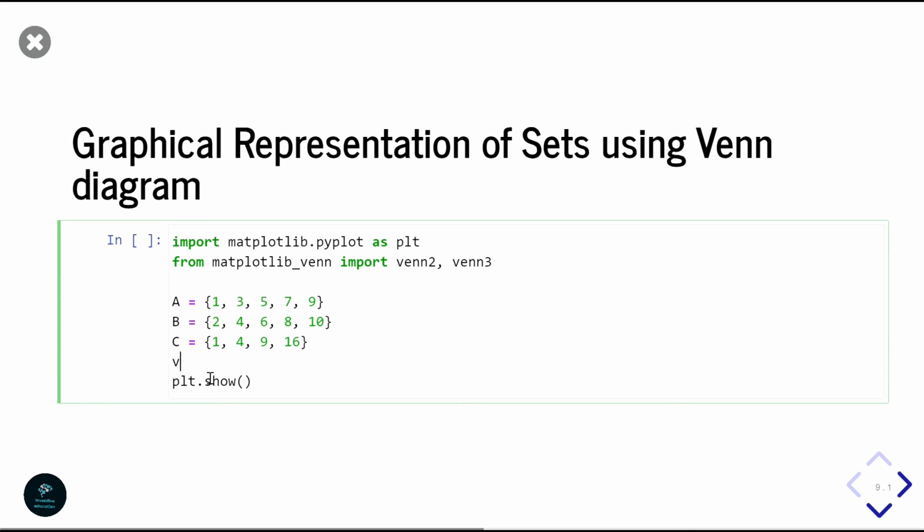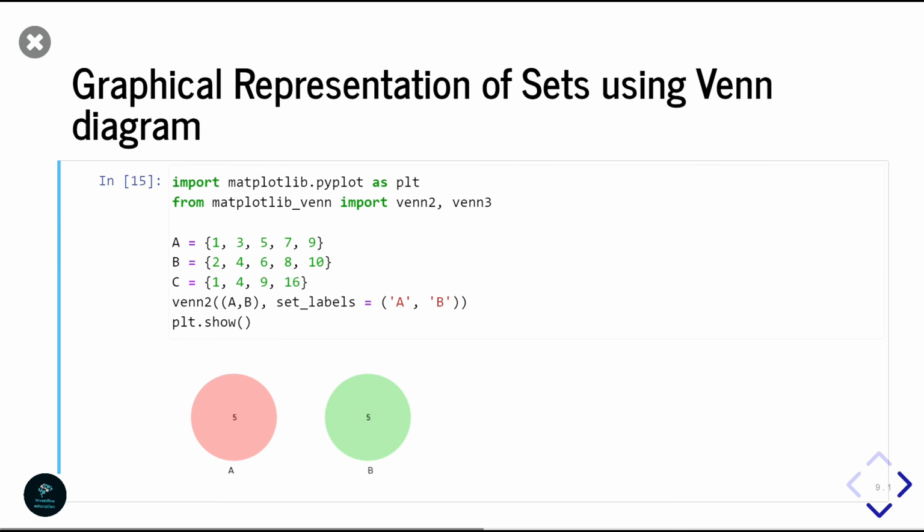We plot the sets like this: venn2 A, B, and we can label the sets as set_labels equal to A, B. So this is the Venn diagram of set A and set B.